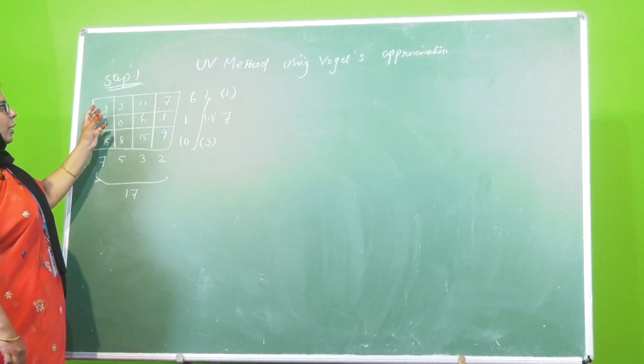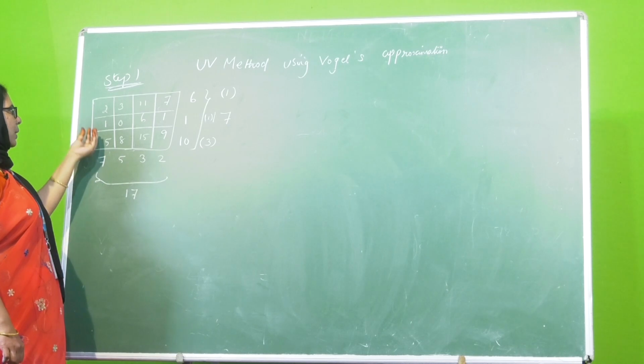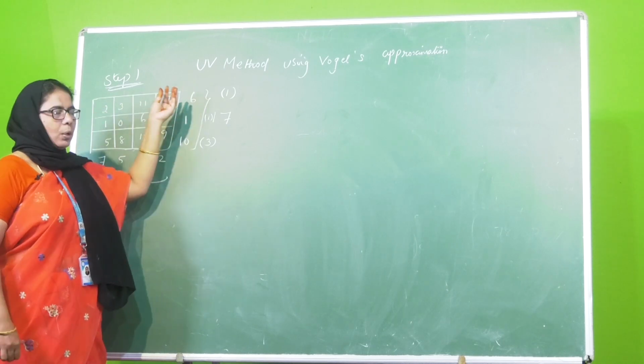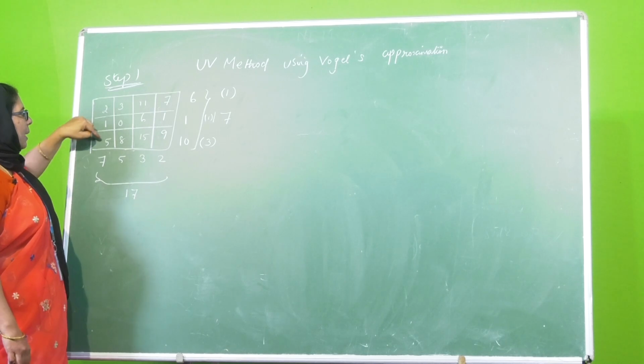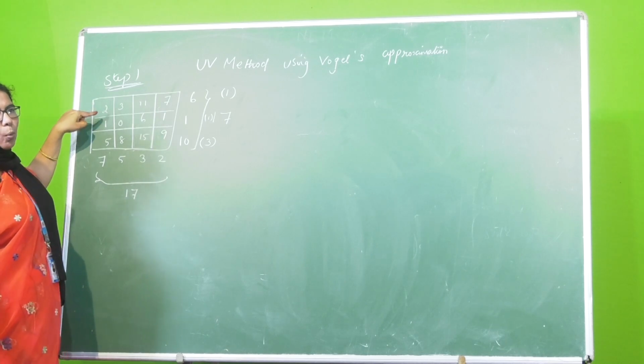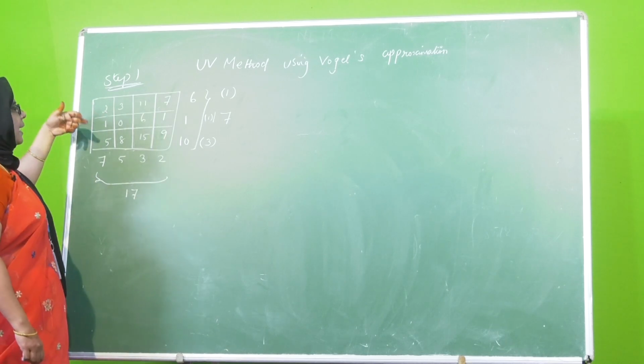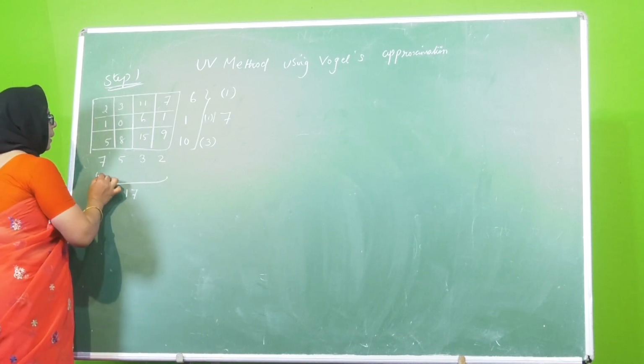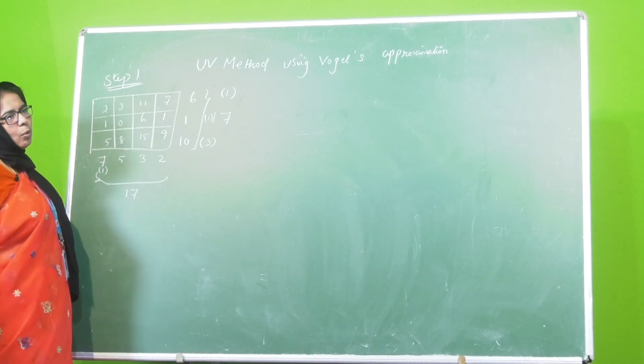Similarly, we do the same for the columns. In the first column, 1 is the least element and the next least element is 2. The difference is 2 minus 1, which is 1.